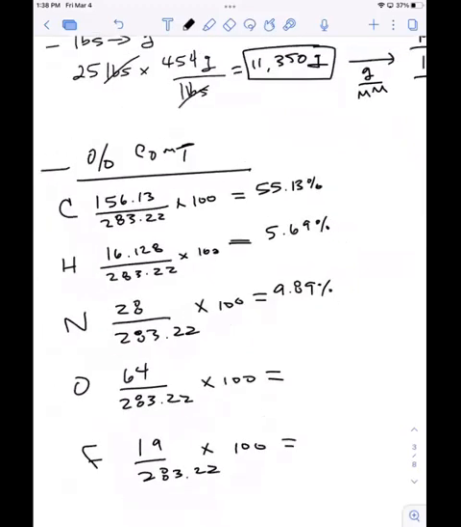Oxygen. Is it 22.59 or 22.6? And then fluorine. 7.98%.